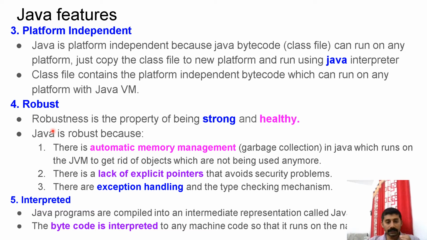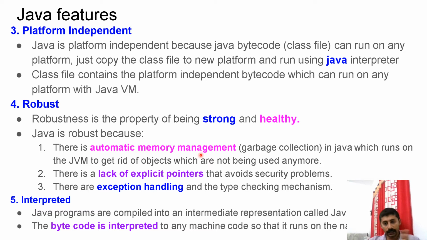Robust. Robustness is the property of being strong and healthy. Java is robust because there is automatic memory management. So the problem of memory leak will not happen in your Java program. Memory leak was a major stability issue in most programs. You might have experience with your mobile phones. Many times, after continuous usage of some games, your phone will become slower.